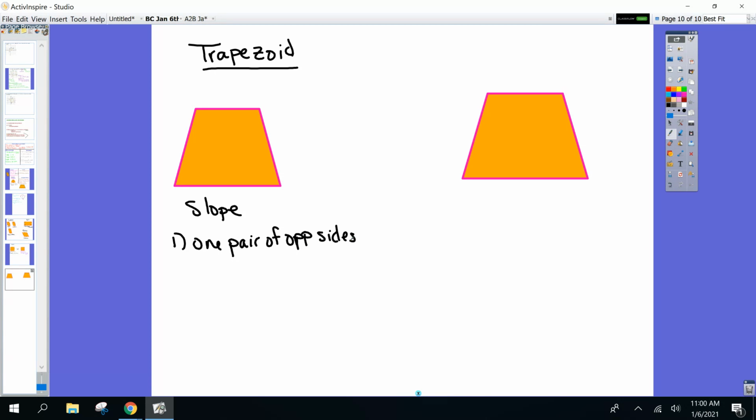Okay, good. But if you stop there, it's not a trapezoid. You need to show the other pair is not parallel as well. And you can do that by slopes. Remember, parallel lines have equal slopes.